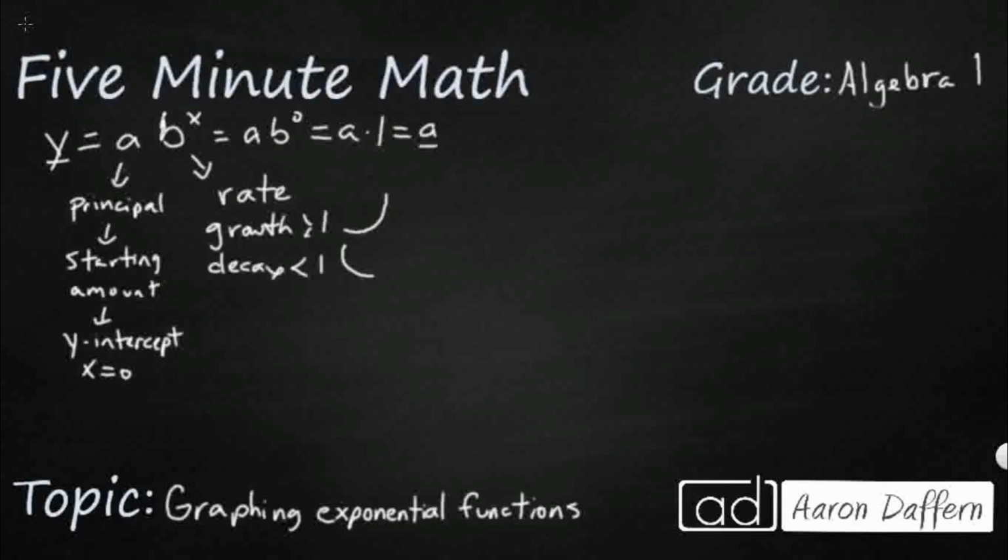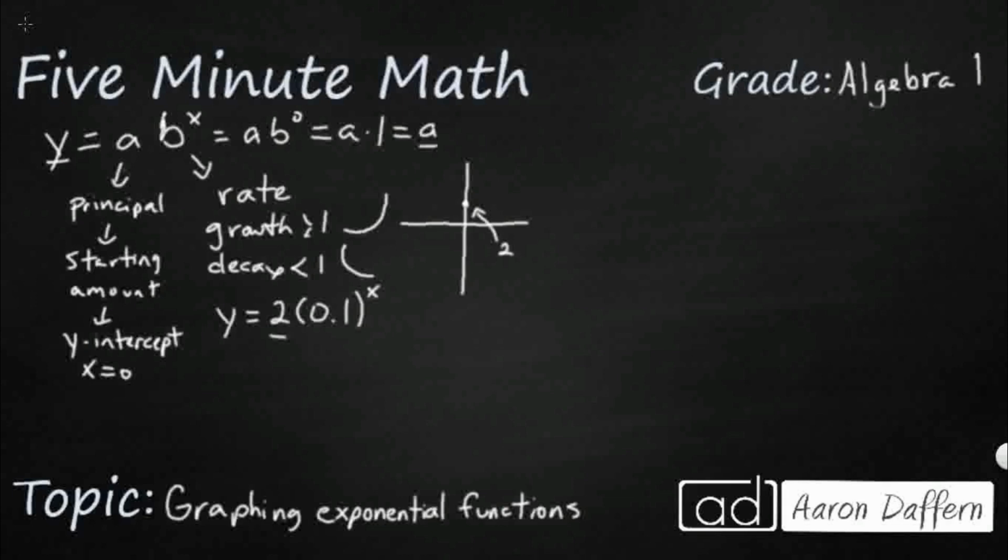So let's take a look at two sample ones right here. We could say y equals, I'm just going to pick an a of 2, times 0.1 to the x power. Okay, so what would that look like? Well, if I were to graph that right here, we know that if that's 2 right there, that's our y-intercept because that's our a.